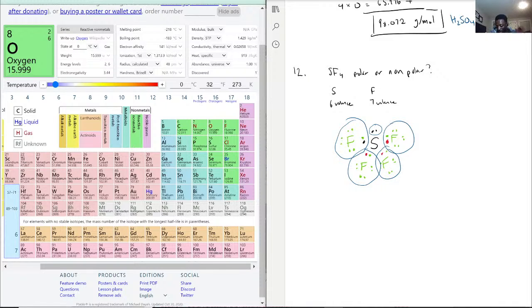Now that we know the Lewis dot diagram, we can draw the molecular structure, allowing us to see if it's polar or non-polar. So the molecular structure for SF4 will look like this. No, I think I got that one wrong.